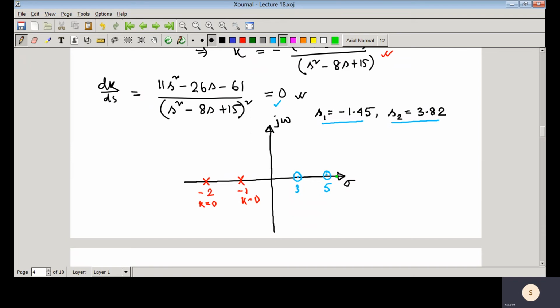If you look at which segments of the real axis belong to the root locus, this is that segment, because on the right-hand side the number of poles and zeros should be odd. Here on the right, this is 1, and for this part, looking to the right, it would be 3, because 1, 2 and 3. So these two parts belong to the root locus.